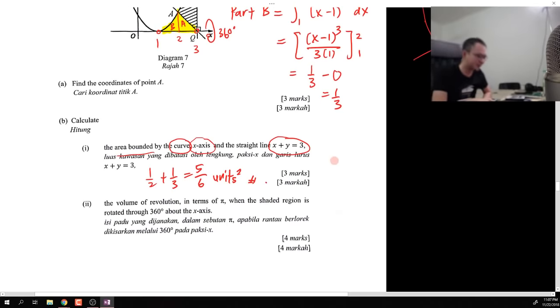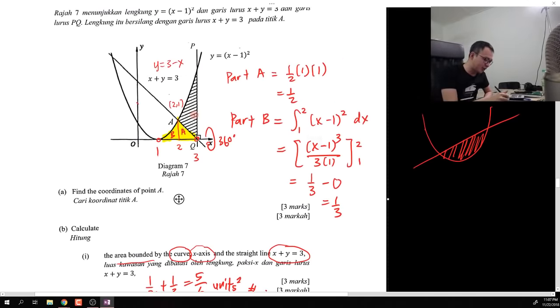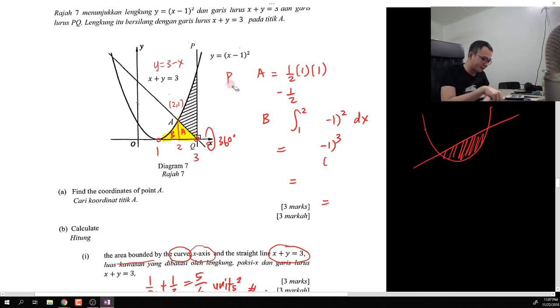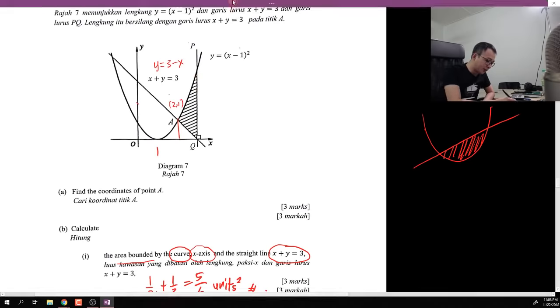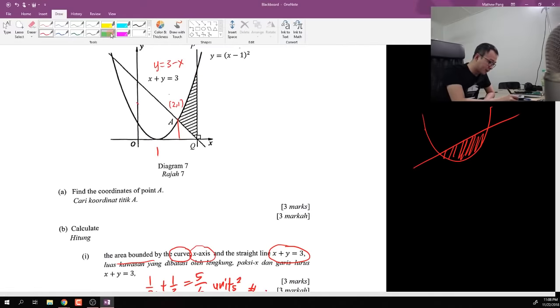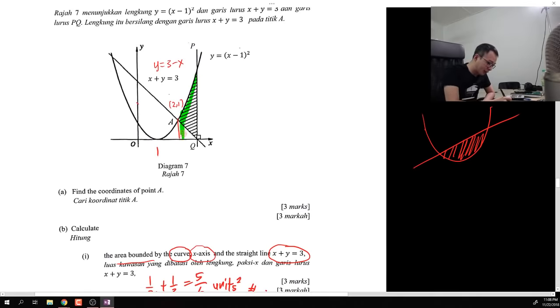Alright. Okay, so this shaded region is going to rotate 360 on the x-axis. So over here, what I want to do is rotate the whole trapezium. Ignore the yellow color first. So I will rotate the whole thing here.